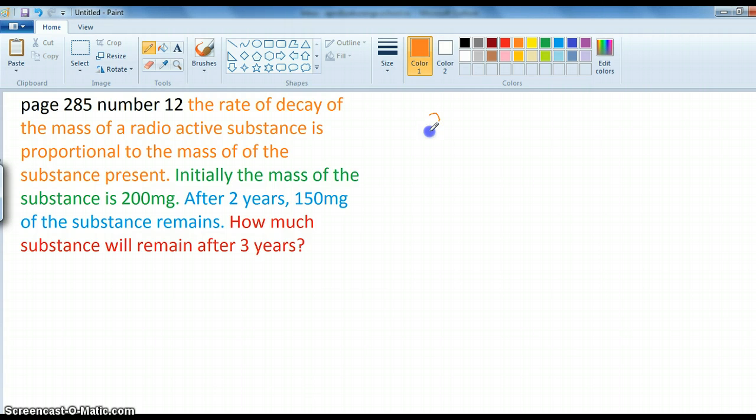So dm by dt equals some constant, and it will be decaying, so I'll put negative k, times m, the actual mass.